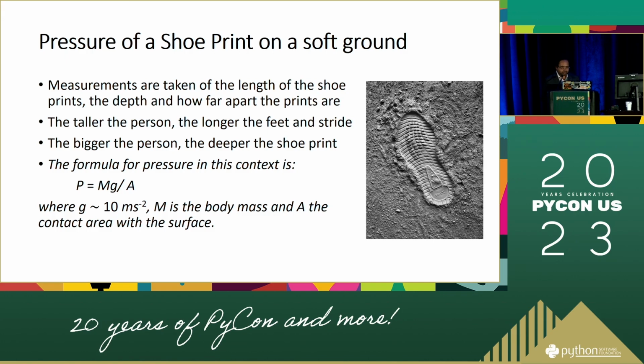You need to manually measure these things with a tape or a scale and put those values into the formula in order to determine the pressure of a shoe print. Depending on the output, you can decide whether the person was taller or a bigger person. Based on that, it can point to some suspects.